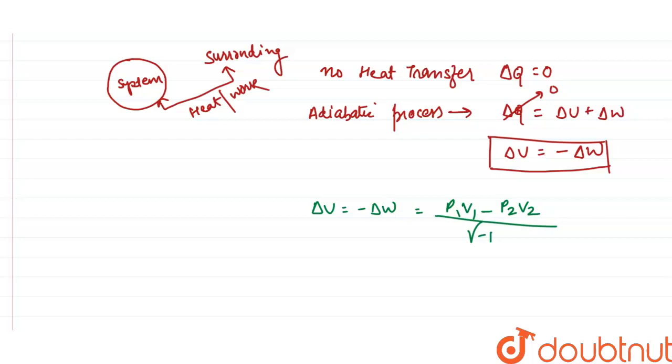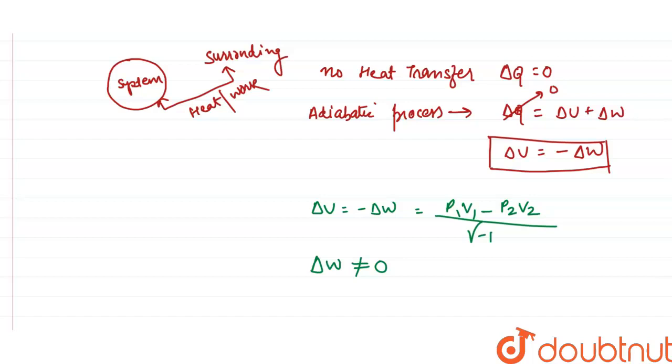We can also say the pressure and volume for point 1 and point 2, and gamma is a ratio. So delta W is not 0 for an adiabatic process, and our internal energy is equal to the work done.